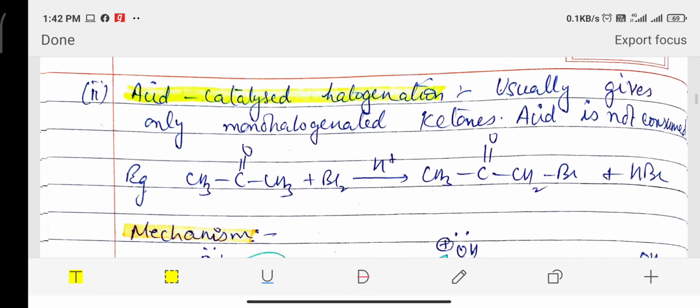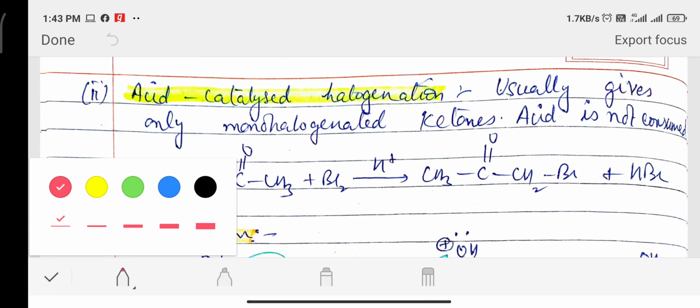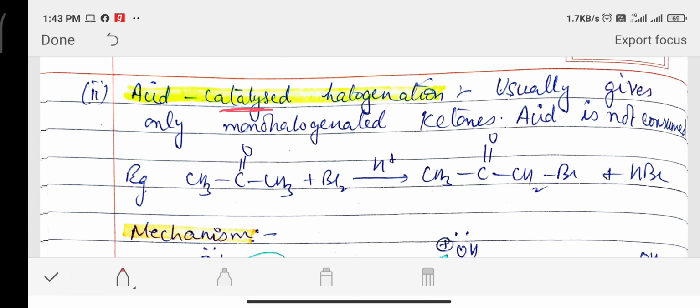If the reaction is done with acid, then we say it is acid catalyzed, not acid promoted. So in this, in the presence of H positive, the alpha hydrogen is again replaced with halogen.